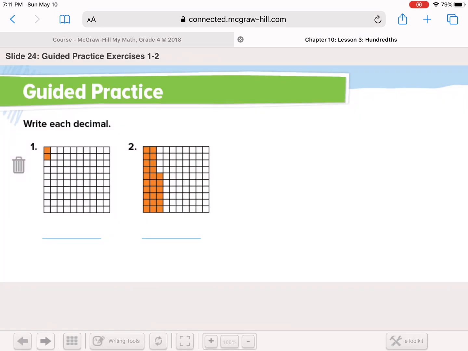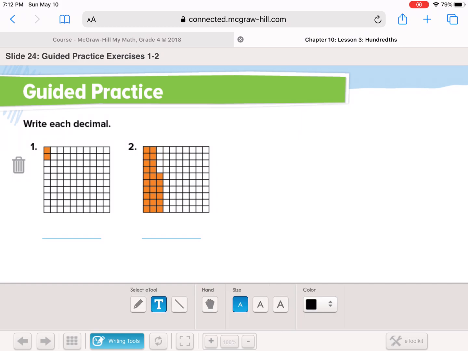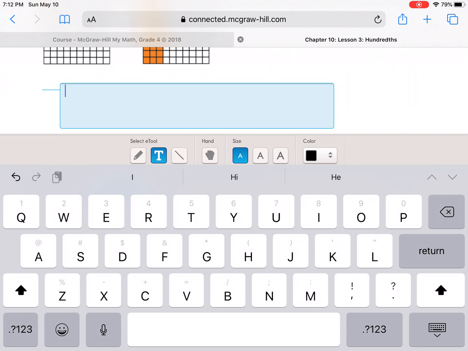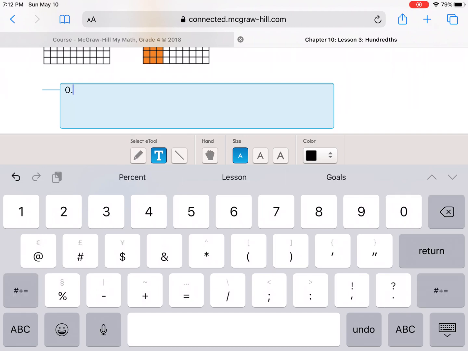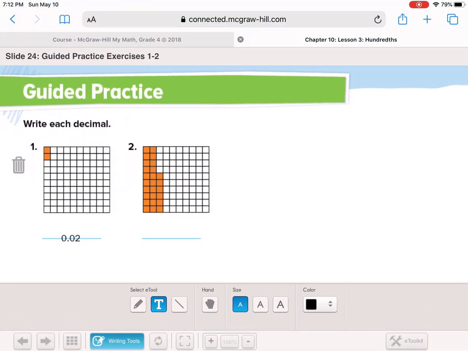Write each decimal. So how many are colored in number 1? So let's look. There's no tenths in this number, so 0.2, okay?